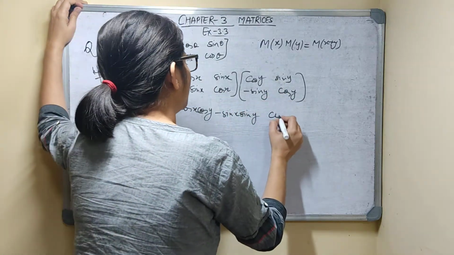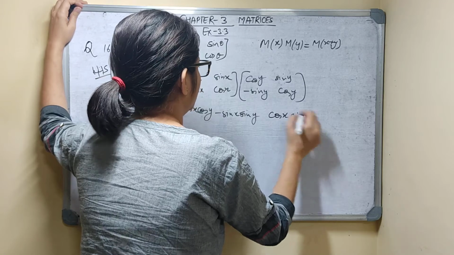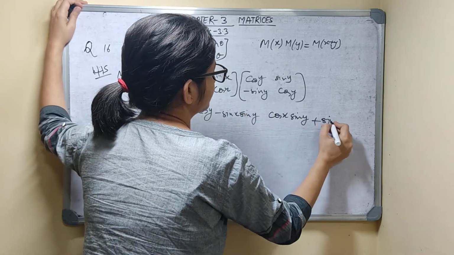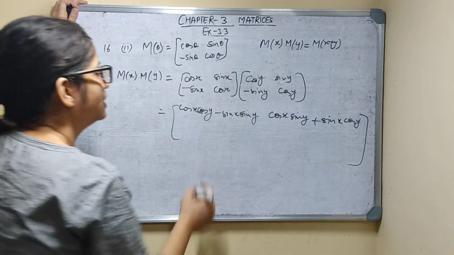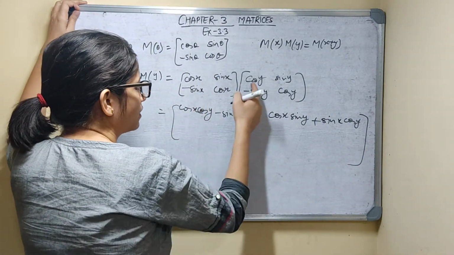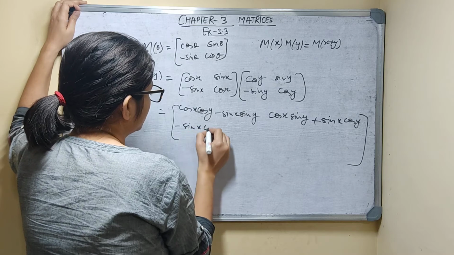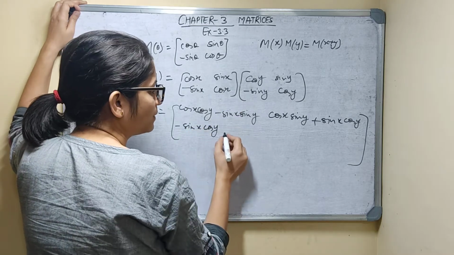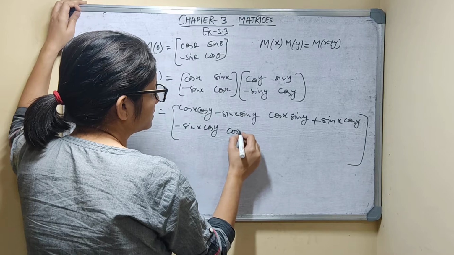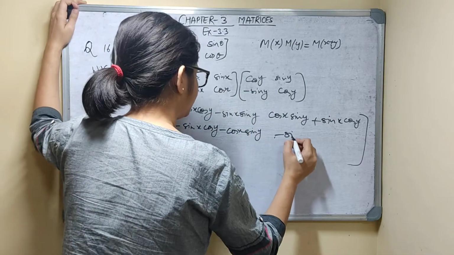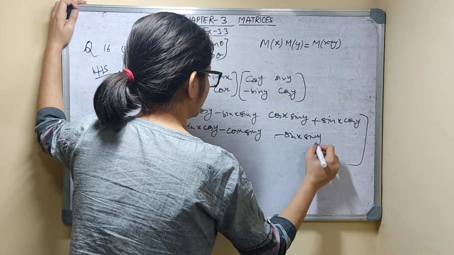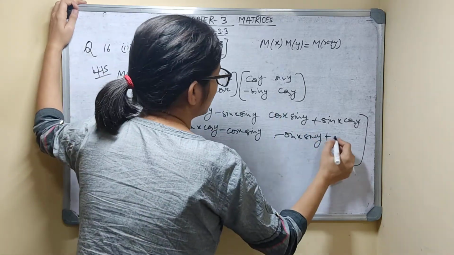Cos x into sin y plus sin x into cos y. Minus sin x cos y plus cos x into minus sin y, so minus cos x sin y. Minus sin x sin y plus cos x cos y.